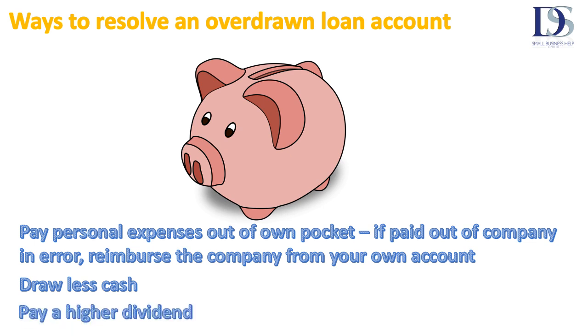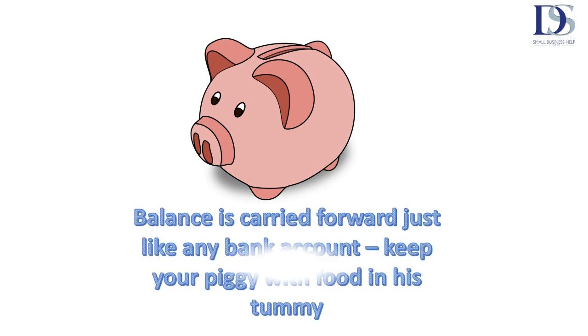Another option might be to consider paying a higher dividend, but you have to be careful about this, and it's important that you speak to your accountant to make sure that this is a viable option. We have tried to make this as simple as possible, with only one director and one shareholder who happens to be the same person.